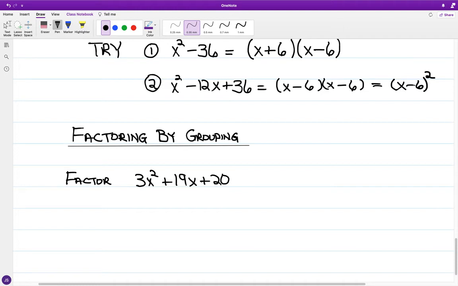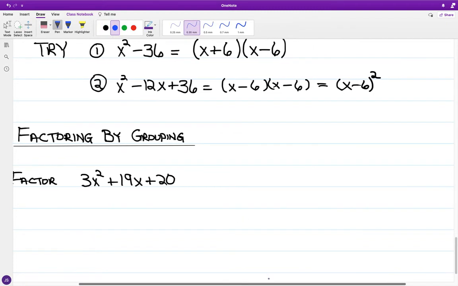Now this is a factorable trinomial expression. But 3x squared, thanks to the 3, the leading term is not automatically going to go to x and x. It would be like 3x and x, but just to show this as a springboard example for the factoring by grouping process.